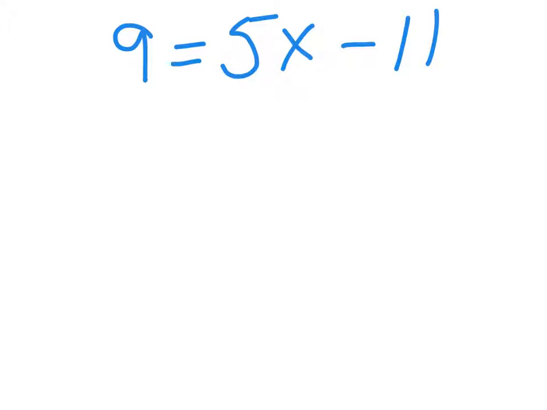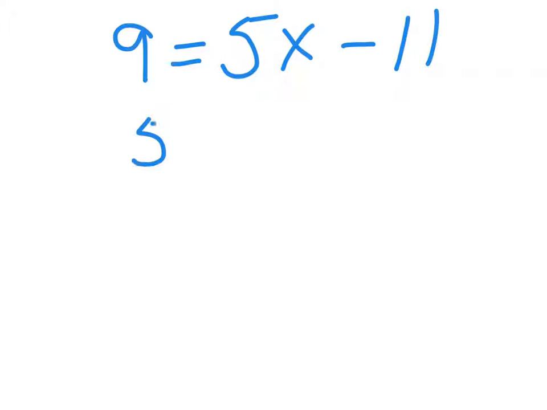All right, we're going to do another one, and the only difference here is everything's kind of flip-flopped. Your x and all that business is over here on the right, and the 9 is over here. Now, there's no reason you can't just do this exactly the same way. But remember, equals means that both sides are balanced. So we could always just flip them if that makes you more comfortable.